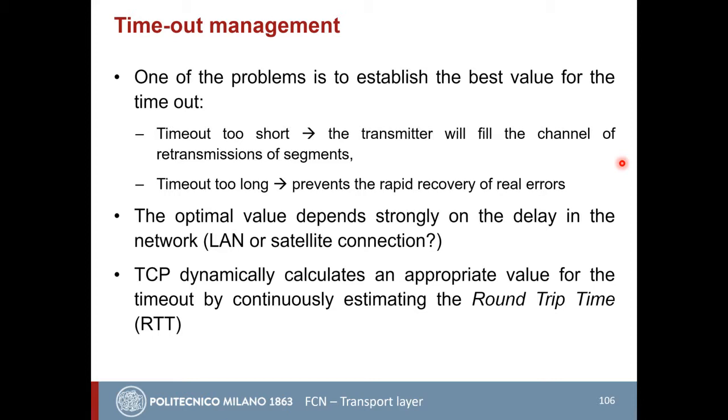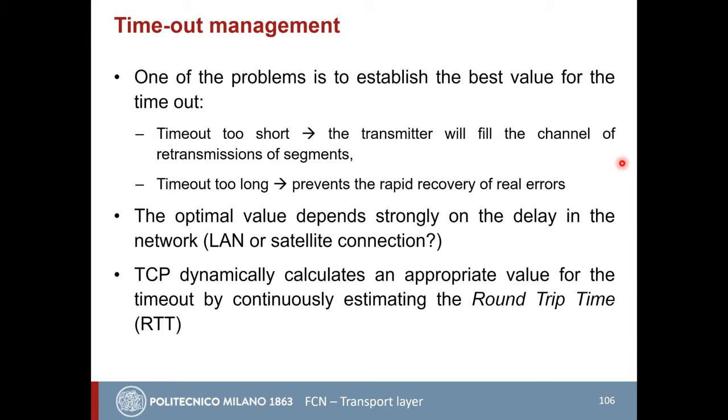Okay, so a full network where the IP packets that carry the segments have to queue inside the routers, and so we cannot say in a precise, deterministic way what the delay is.